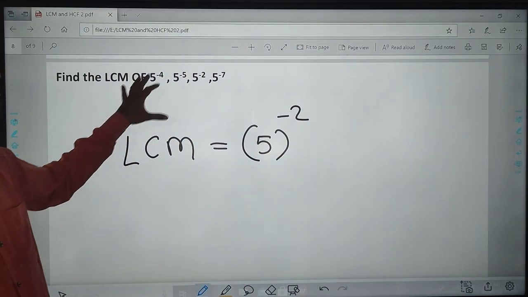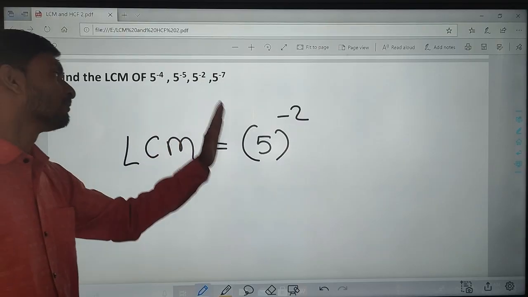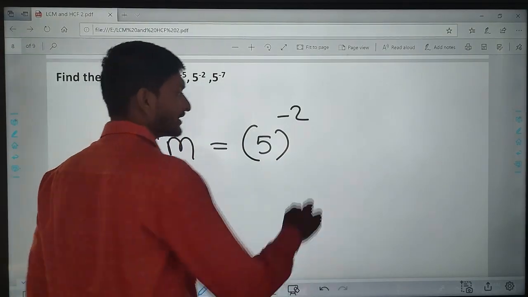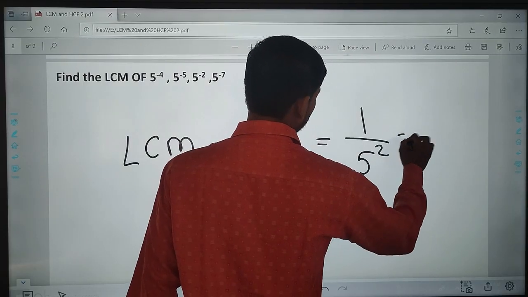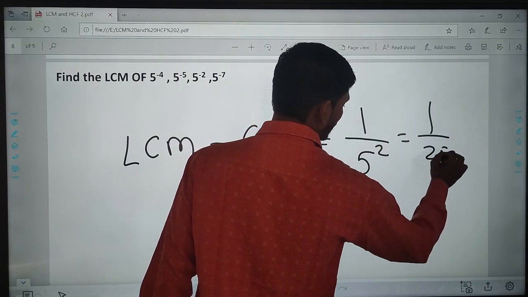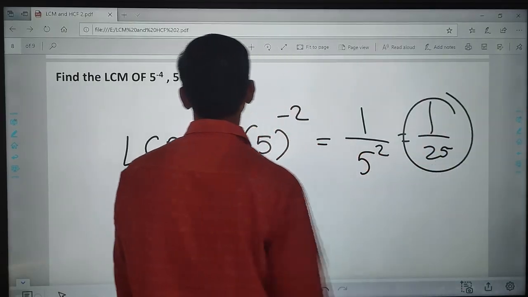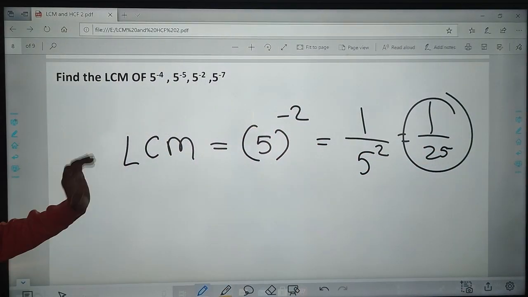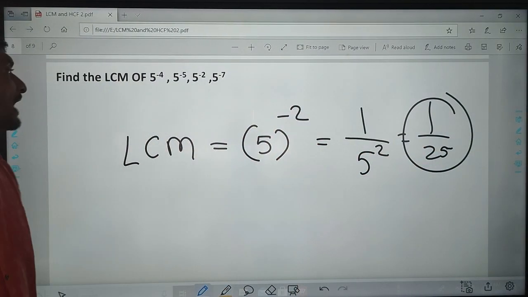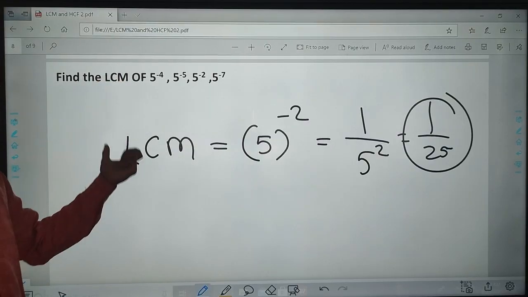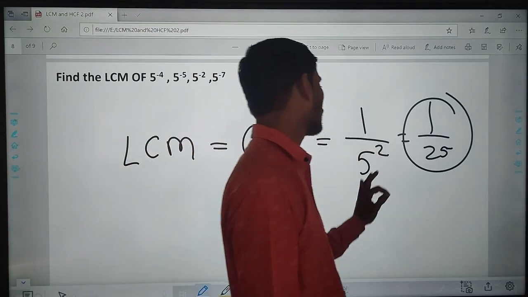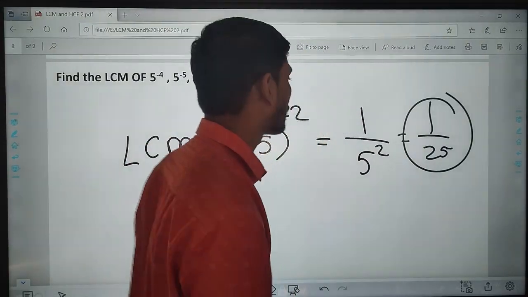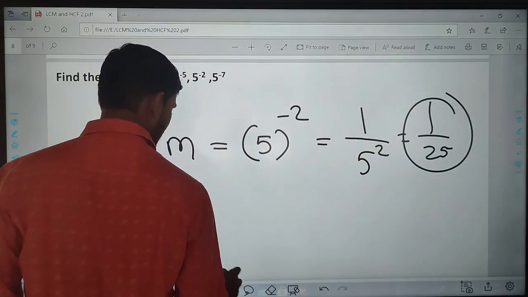Then the LCM of these 4 numbers is 5 raised to minus 2, that is 1 upon 5 squared, that is 1 upon 25. This is your answer.